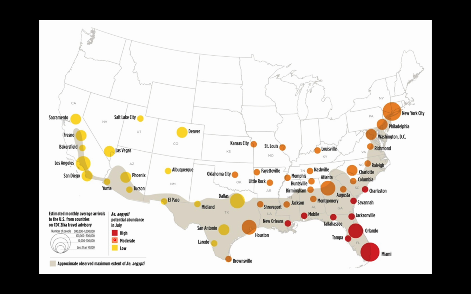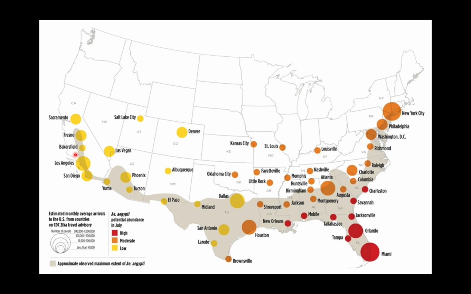So you're mapping simultaneously both the climatic variables that allow for this particular pathogen to proliferate and the amount of people coming into that space. So in this case, you have 2 different variables that you're mapping, and so you can use 2 different visual variables or 2 different symbology variables to capture that.